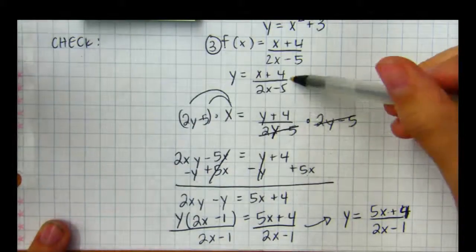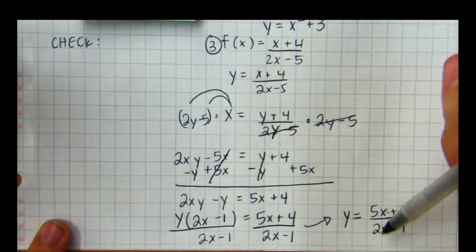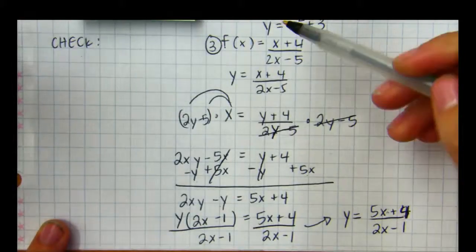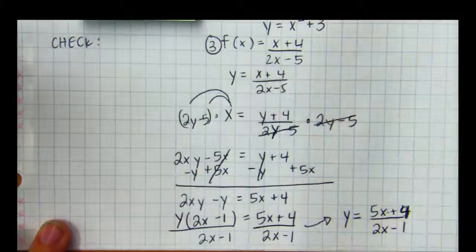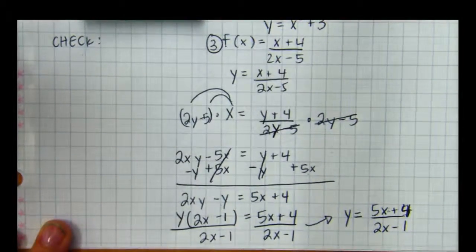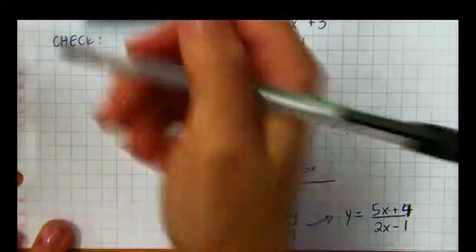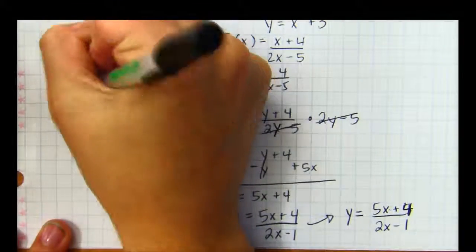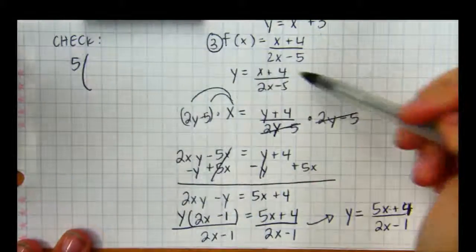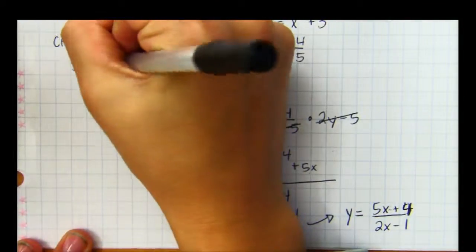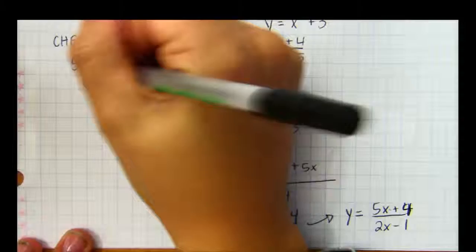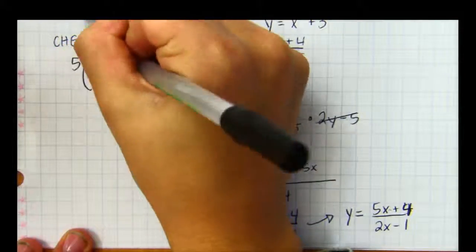So if I'm plugging in this equation into this one, that means wherever there's an x in this equation, I'm going to replace it with this whole fraction. So a lot of fraction work with this, but you want to get kind of used to it. It's going to come up more and more. So I'm going to have 5 parentheses, and now I'm going to plug in my x, so whatever this is, x plus 4 over 2x minus 5.